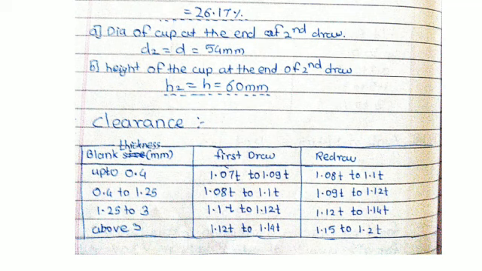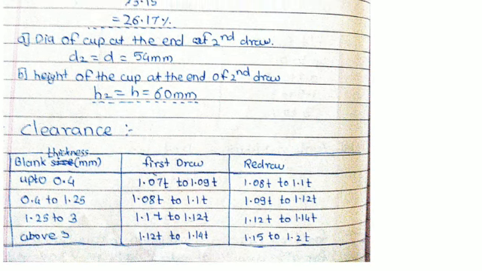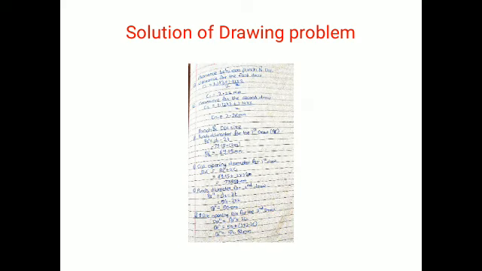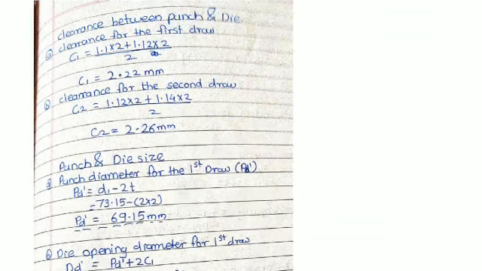Therefore, let us calculate the clearance. The clearance for the first draw, C1, is equal to 1.10 T plus 1.12 T, with T equal to 2 millimeters, divided by 2, the average. C1 is 2.22 millimeters.